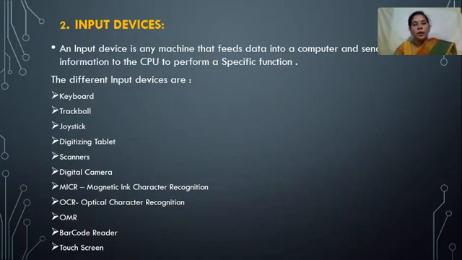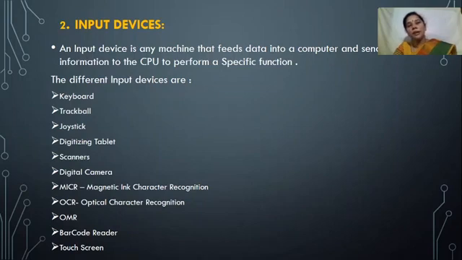Input, as the name says, means the data is being transferred to the computer, and that is called an input device. The computer then sends information to the CPU to perform specific tasks.